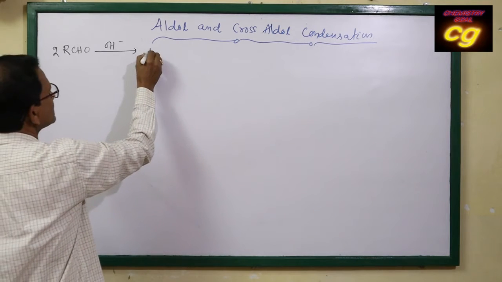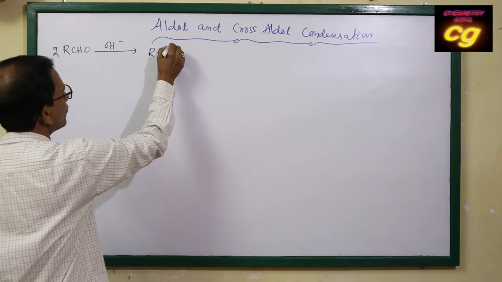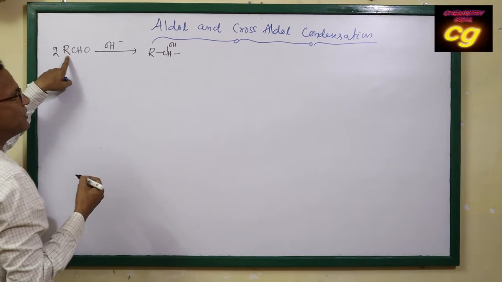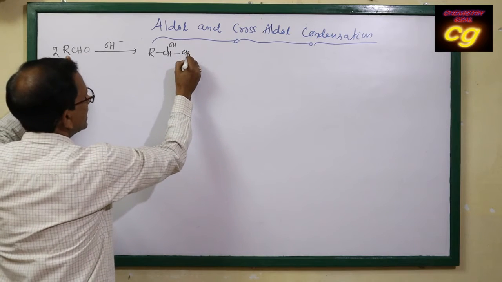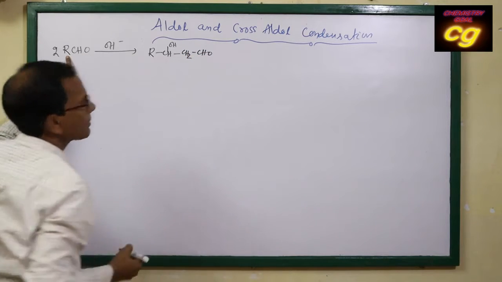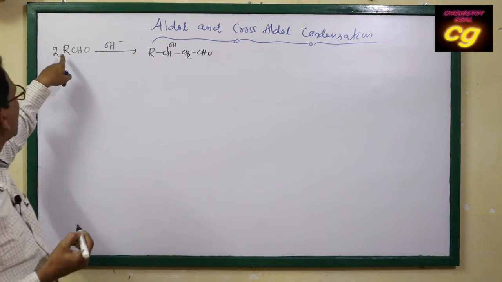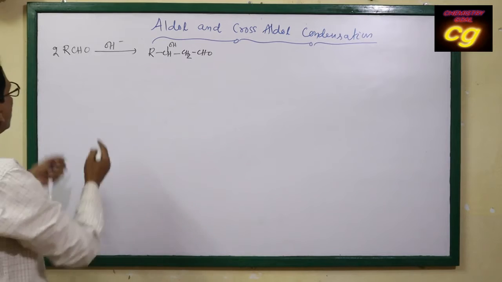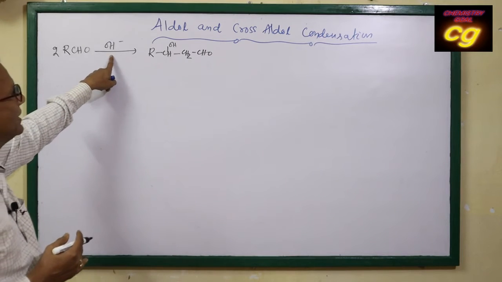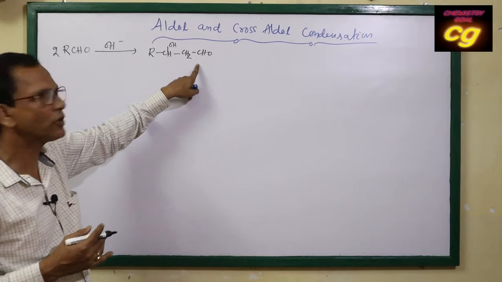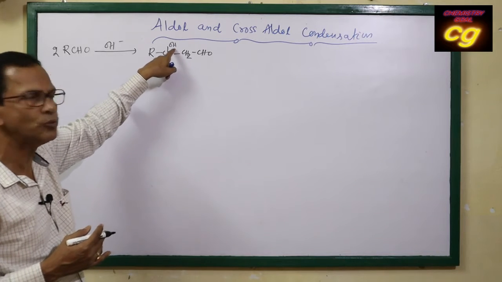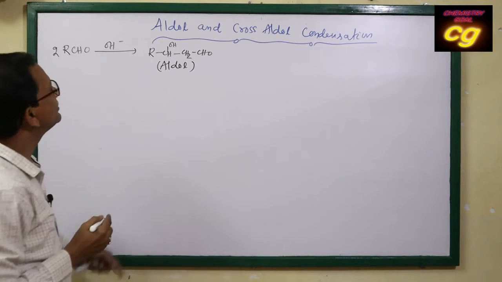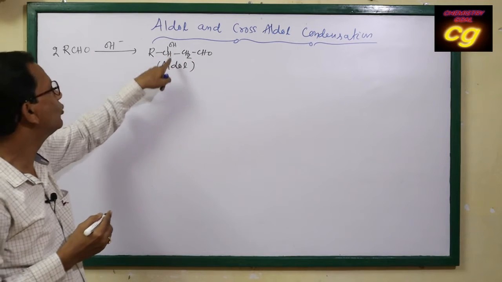The product is like this, RCHOH, then from this, suppose R is methyl, then it will be CH2CHO. So these two condensed in presence of base, and this product contains one aldehyde group and OH group, that's why it is called aldol. Aldol means aldehyde group is there and OH group is there.